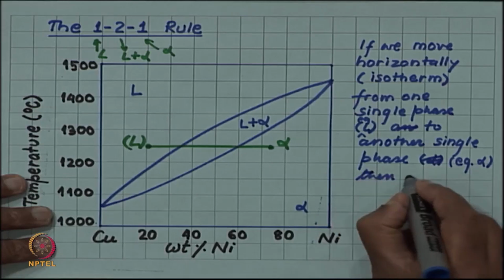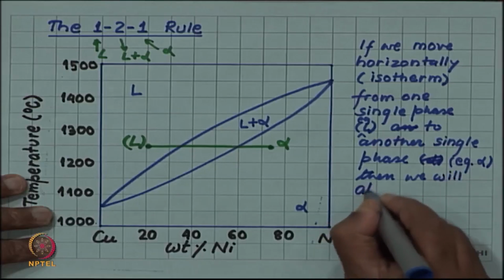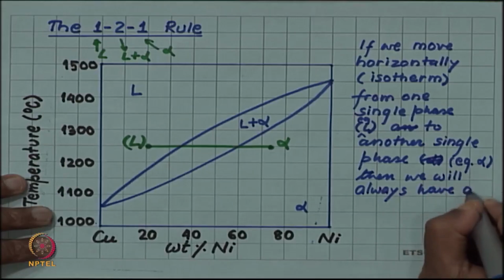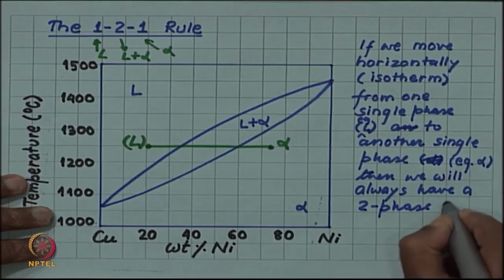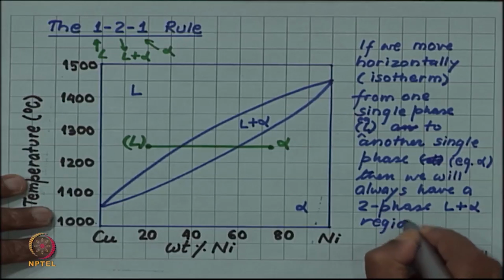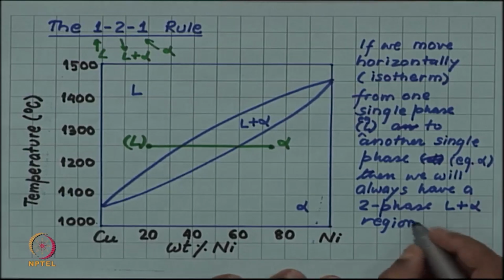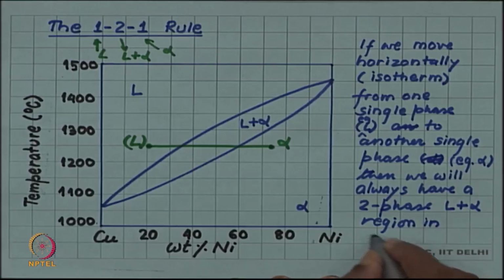Then we will always have a two-phase liquid plus alpha region, whatever the single phases were. So, if one phase was alpha, another phase was beta, then the two phase alpha plus beta will be present. So, we will always have a two phase region in between.